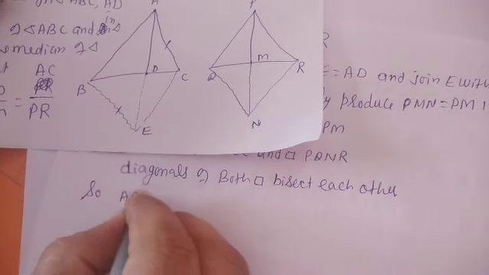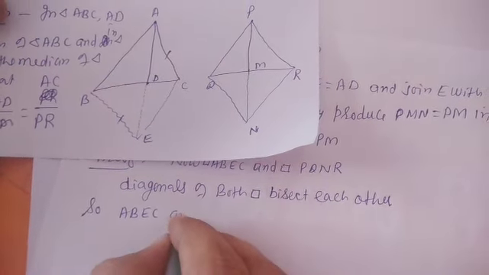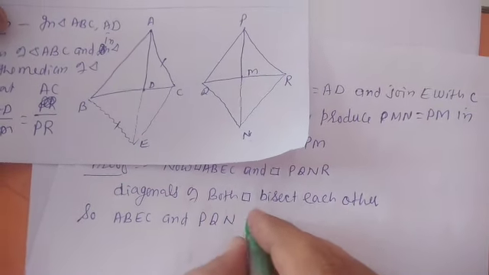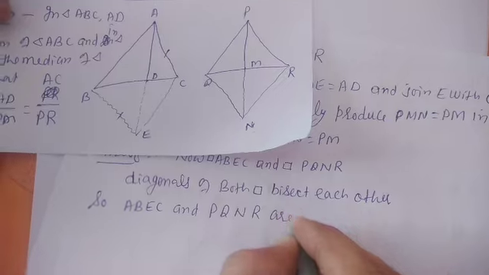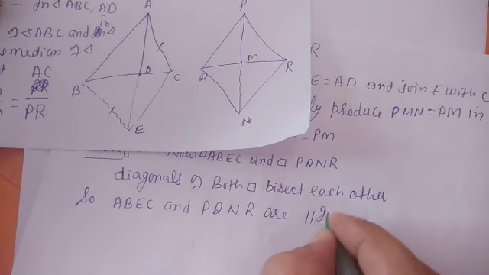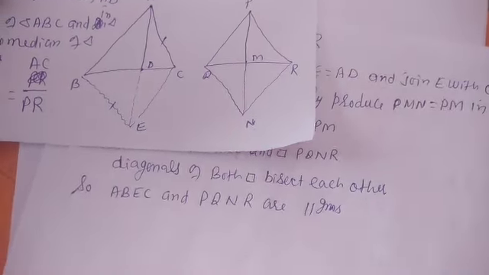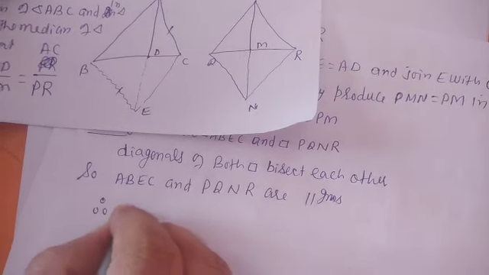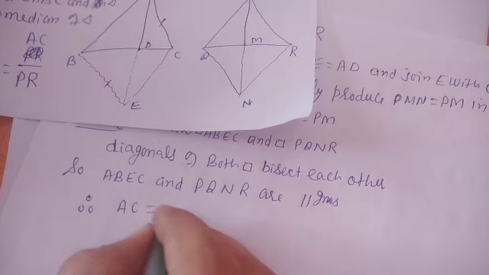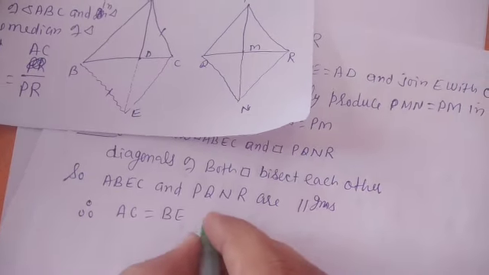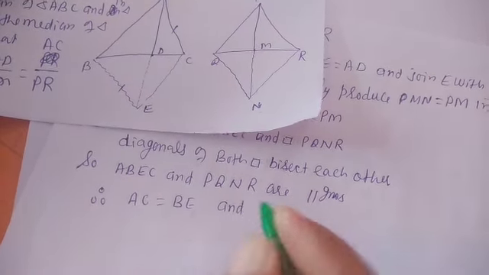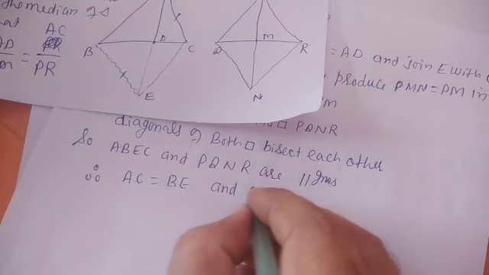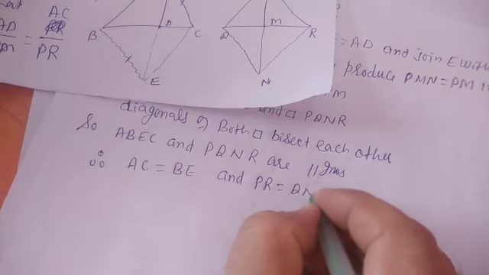So A, B, E, C and P, Q, N, R are what? Parallelograms. Therefore, AC equal to BE and PR equal to QN.